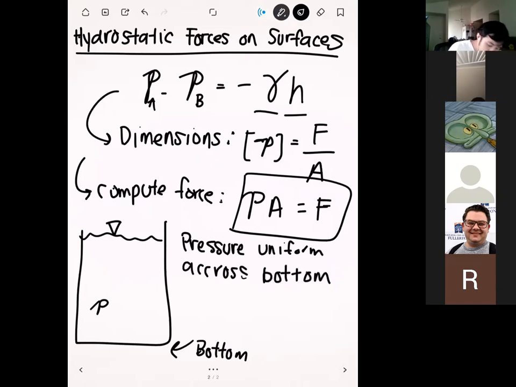Okay. And the reason it's uniform across the bottom surface is because it's a horizontal surface, right? So the entire bottom of this tank is at the same depth. And what we know from this equation up here is that if you have something that's at the same depth, like you don't change depth at all, then everything is going to be at the same pressure.